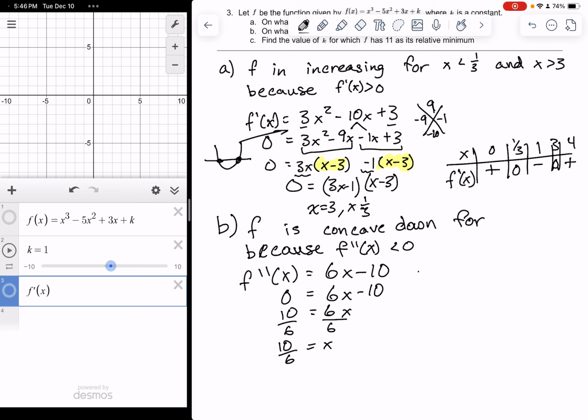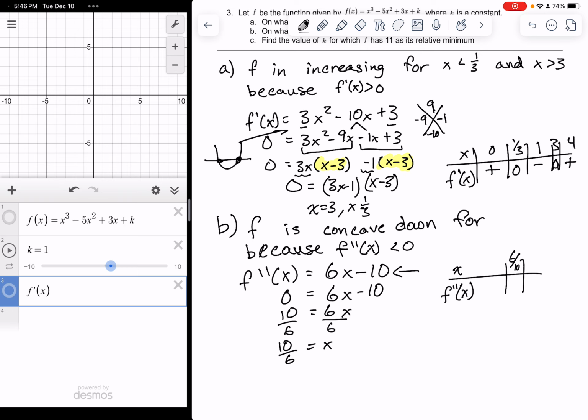Just looking at this, it's a positive slope, so if I think of this as a sign chart, x and f double prime of x, I'm looking at 6 over 10.